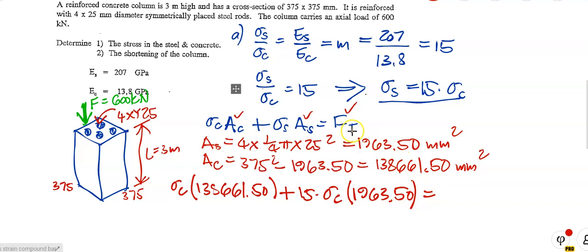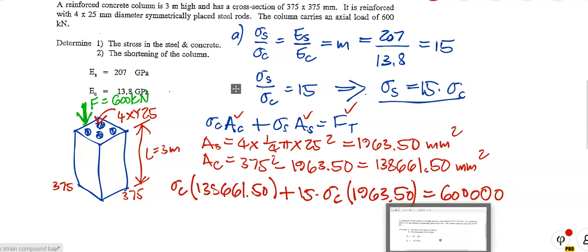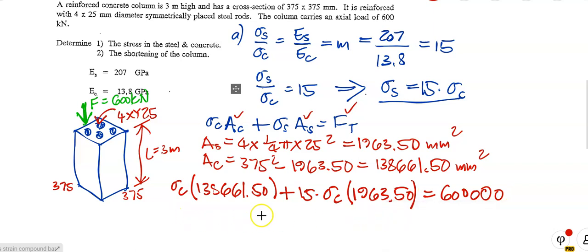That is equal to the total load acting. And remember, people, I said in the previous lesson, convert everything to newtons and millimeters or millimeters squared. So that's 600,000 newtons. Notice we have one equation and one unknown, therefore we can solve for the stress in the concrete, and that will answer our first question.